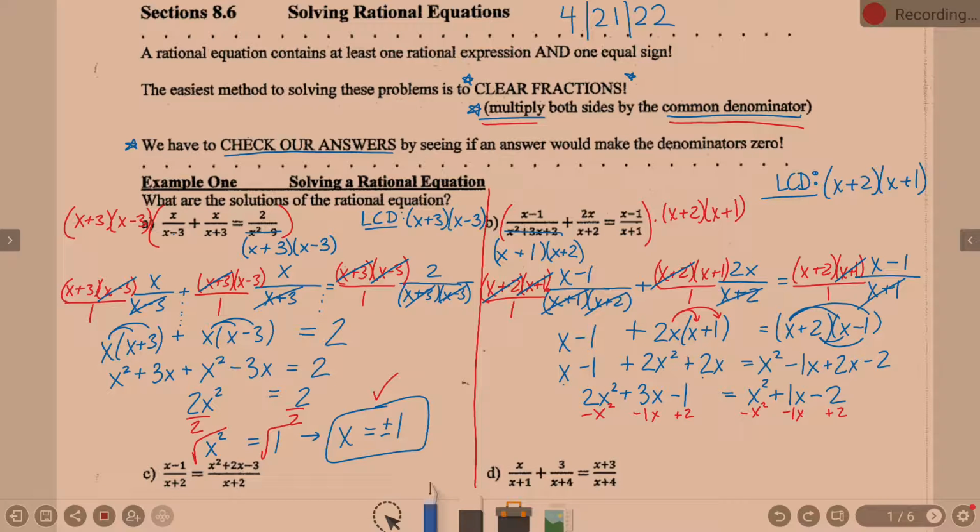Okay, where are we at? What do we have? 2x squared minus x squared is going to be 1x squared. 3x minus 1x is 2x. Negative 1 plus 2 is plus 1, equal to 0, because everything canceled out on the other side.